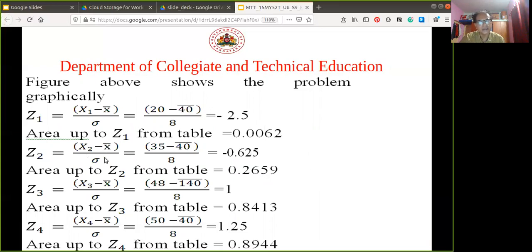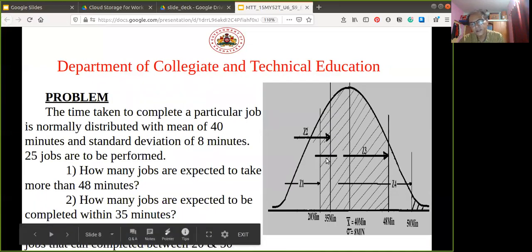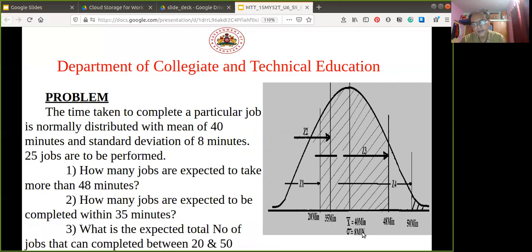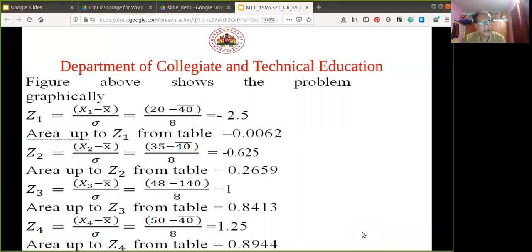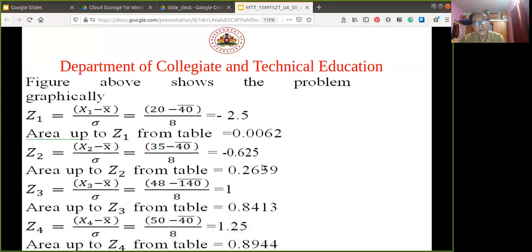Now I'll go to Z2. Z2 is X2 minus X bar divided by the standard deviation. Looking at the curve, this is Z2. So Z2 is 35 minus 40 divided by the standard deviation, so we get Z2 equal to minus 0.625.